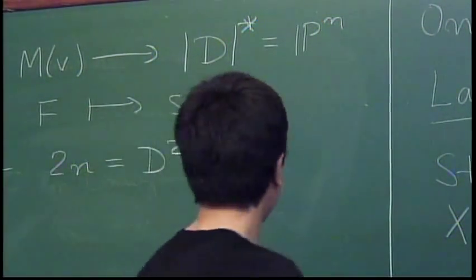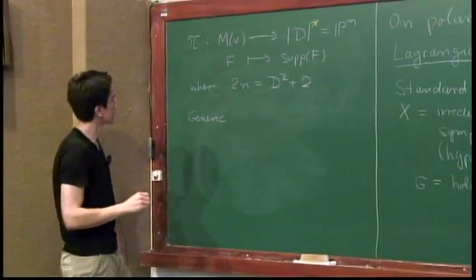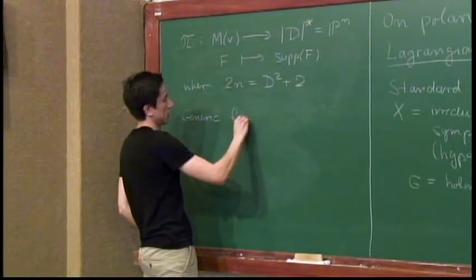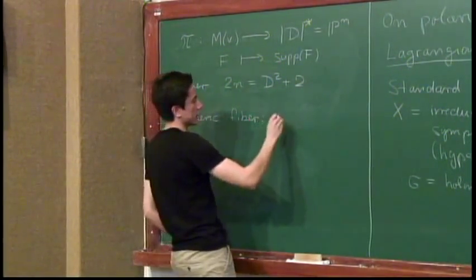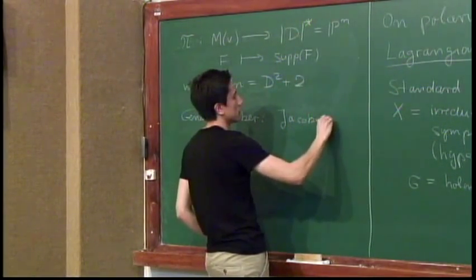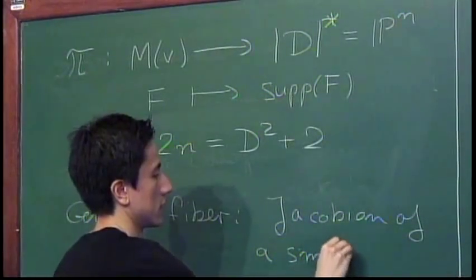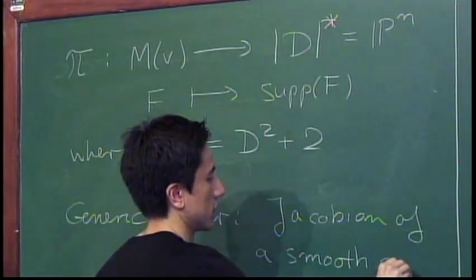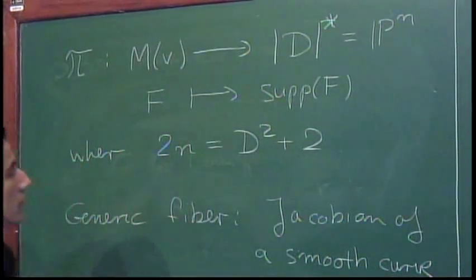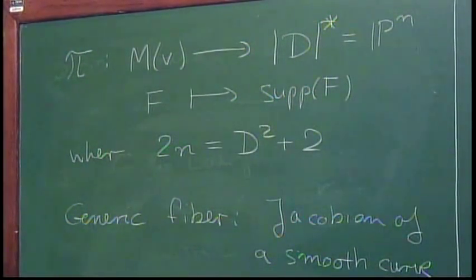And by construction, the generic fiber of such a Beauville-Mukai system is a Jacobian of a smooth curve. Okay, these are the examples I wanted to explain.